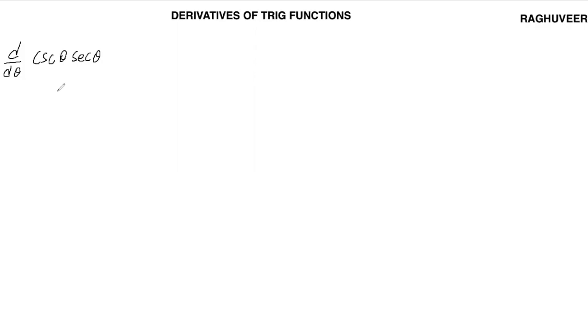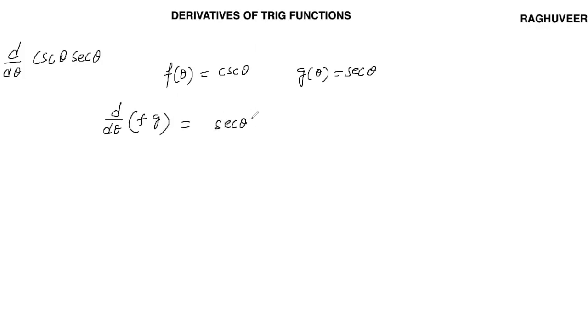Now here you have two functions, so let us apply the product rule here. So f of theta is cosecant theta and g of theta is secant theta. So this is d by d theta of f into g, that is secant theta times d by d theta of cosecant theta, plus cosecant theta times d by d theta of secant theta.